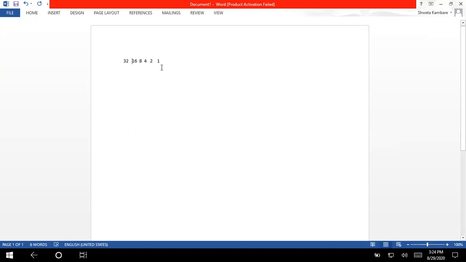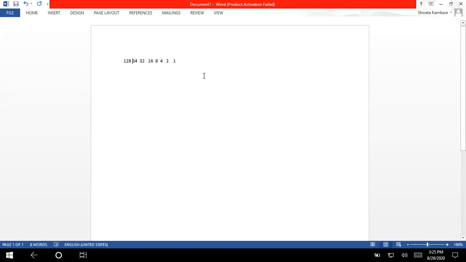Now if I want to represent 1, my binary number will look like this. There are 6 bits, right? Let's make it 8 bits. 32, then after 32 it will be 64, after 64 it will be 128. 1, 2, 3, 4, 5, 6, 7, 8. Okay, we have 8 bits.